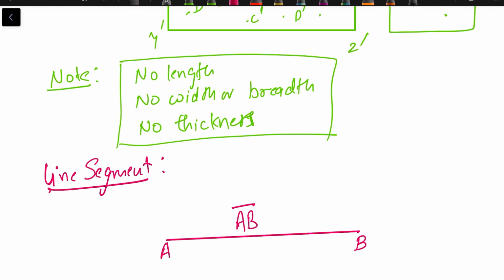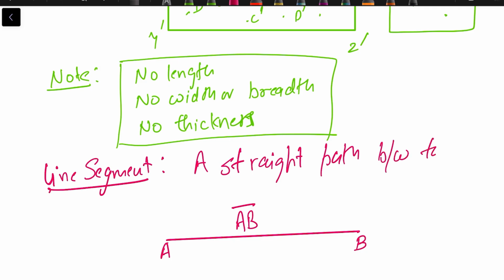So a straight path between 2 points, let's say A is 1 point and this is the other point, A and B, is the line segment.